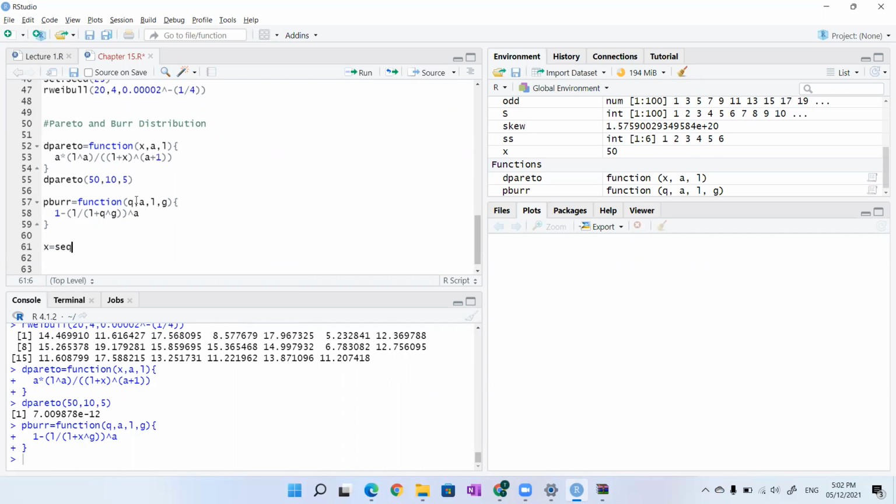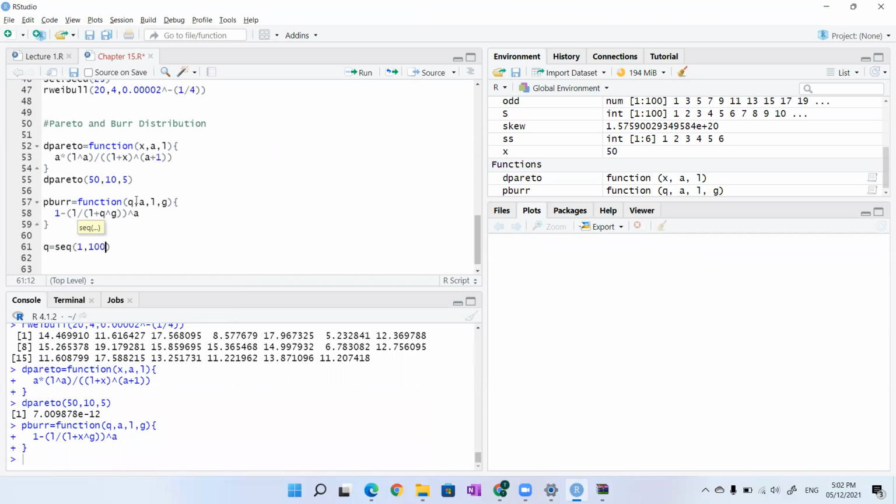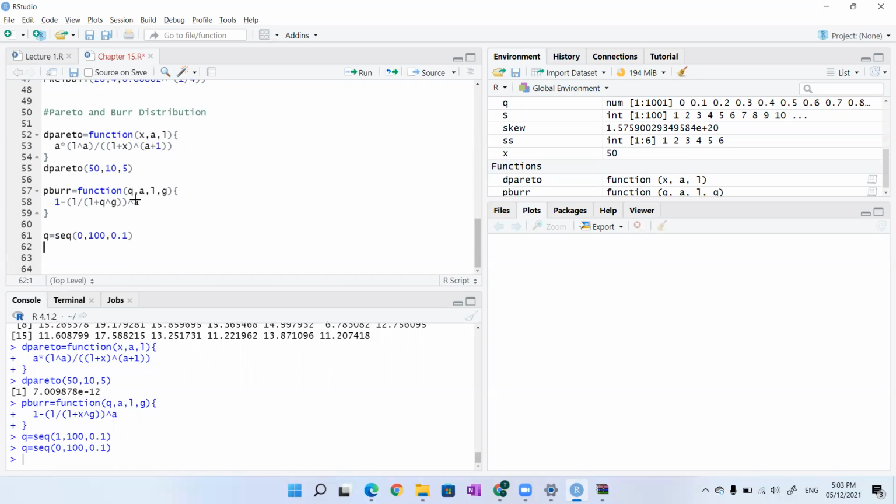So x is equal to sequence. Sorry, I'm defining this as Q. Q is equal to sequence from 1 to 100 with a step of 0. छोटा step लेता हूँ, okay, 0.01 or 0.1, whatever you want to do. That's okay. Let's not make it from 1. They want it from 0, so 0 ही रखते हैं. Okay, now your Q. ठीक है.